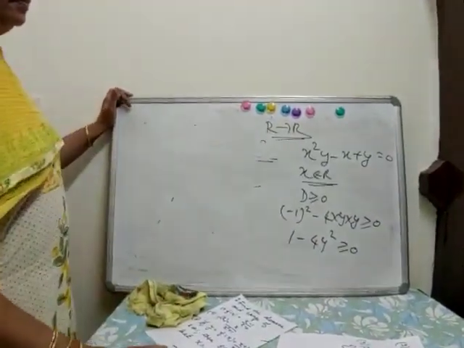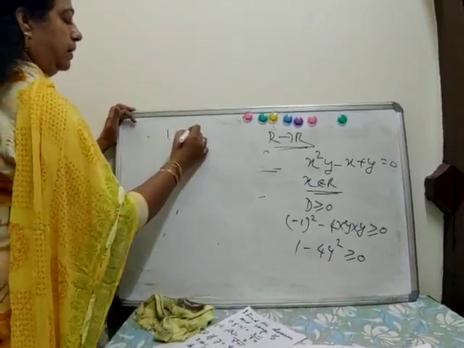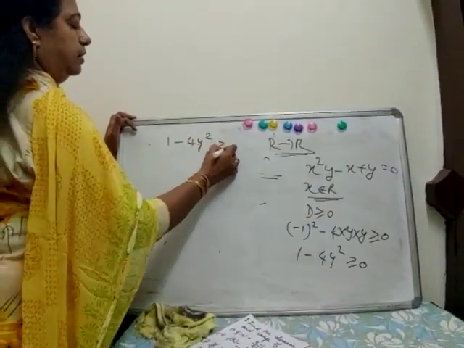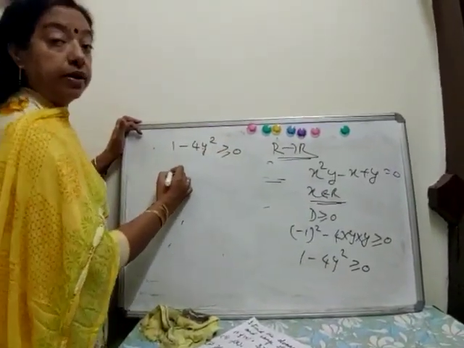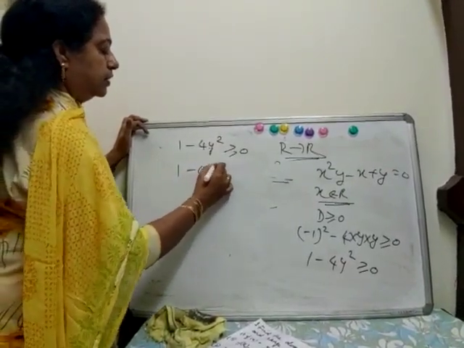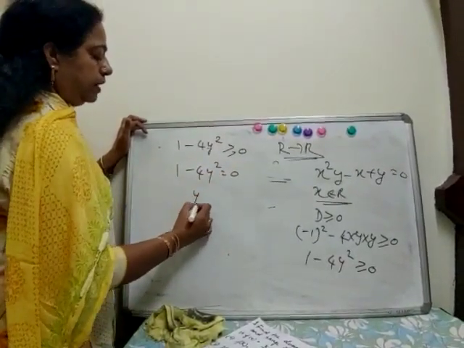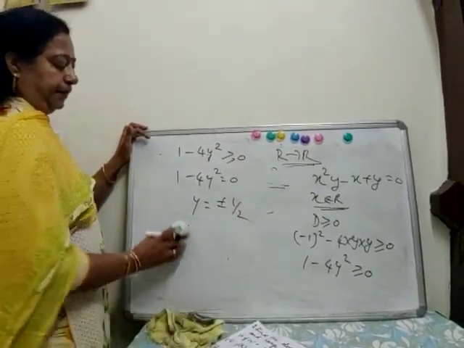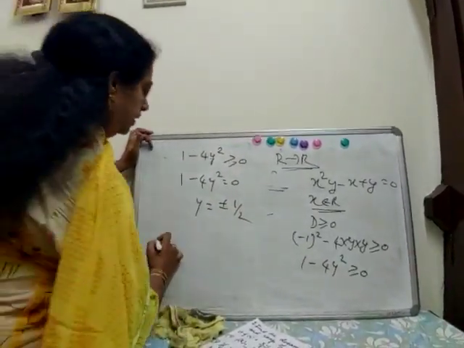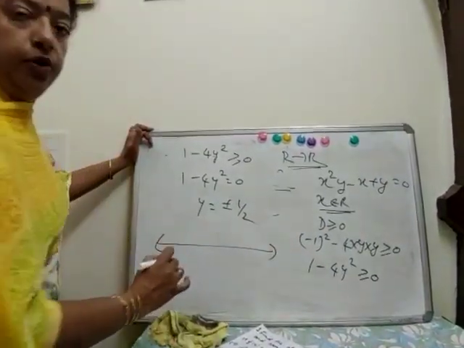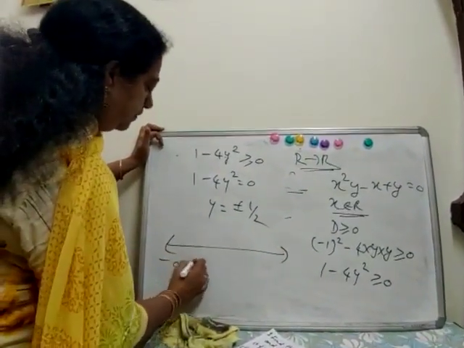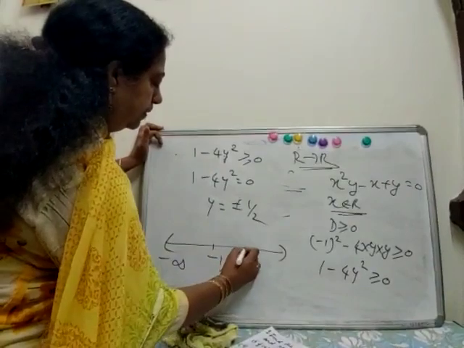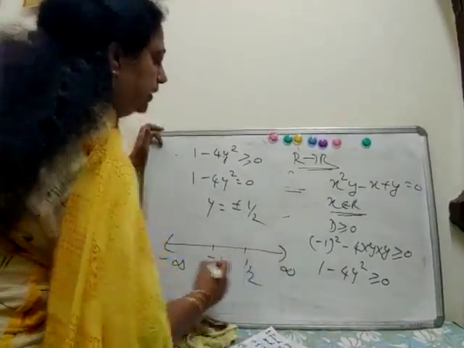Corresponding equation I am taking, 1 minus 4y squared equal to 0. So y you are getting plus or minus half. So your solution set, we write the solution set: minus infinity to minus half, and plus half to infinity.